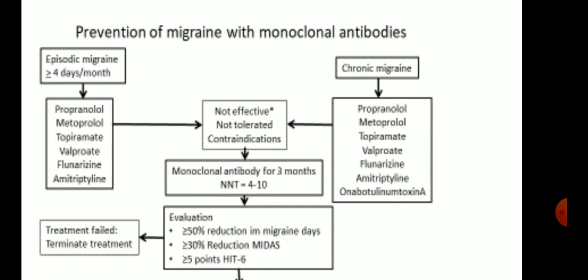Similarly, nowadays scientists have found that another mediator called calcitonin gene related peptide, CGRP, also plays an important role in the development of migraine. So nowadays they have developed many monoclonal antibodies against this calcitonin gene related peptide, which are found to have a very good role in prophylactic treatment of migraine.